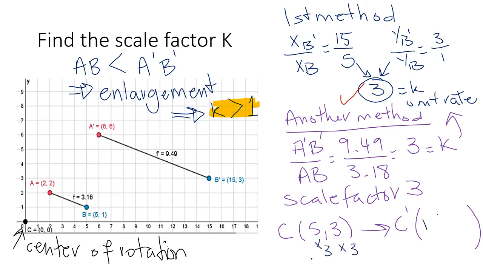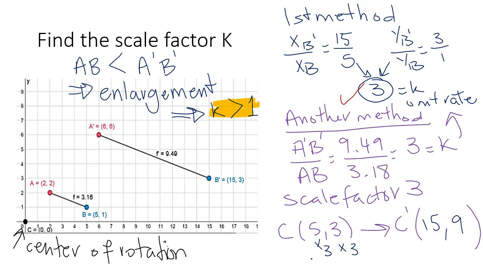So it will be (15, 9). So when you need to find the scale factor, you divide them, but if you need to draw the image, all you have to do is use the given scale factor and multiply it by the coordinates of the pre-image. That's it.